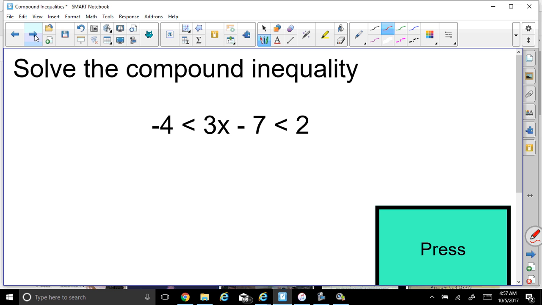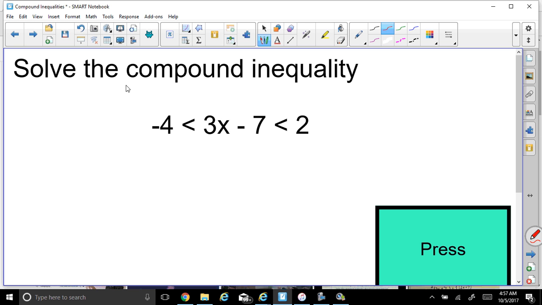All right, let's get into this last part of compound inequality. So here we have an inequality where we have -4 is less than, and we haven't seen this before, we have 3x minus 7. Usually we just have an x there, but now we have a little expression there. So less than 2. So how do we treat this?